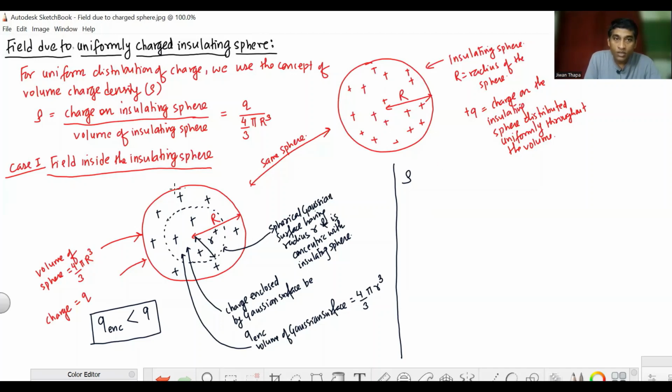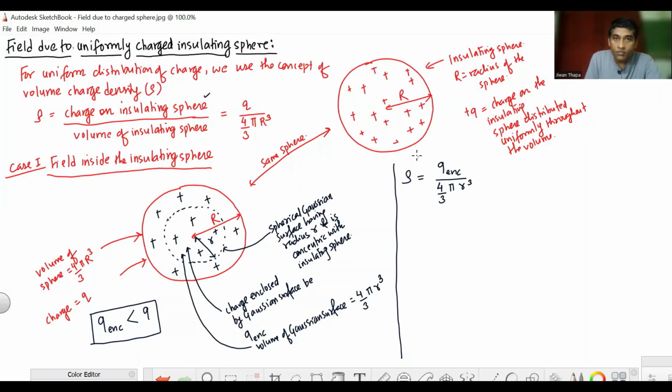So for the Gaussian surface, we write rho equals charge inside the Gaussian surface divided by volume, that is Q enc divided by 4/3 pi r power 3. So we have this. Clear?